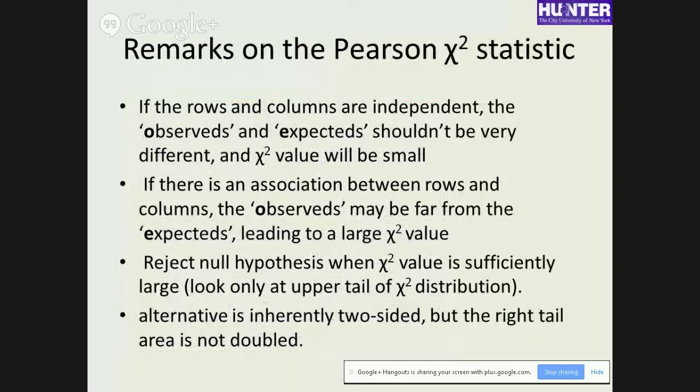So if our sample is consistent with the null hypothesis, we get a relatively small value of chi-squared, we will not reject the null hypothesis of independence. If there is an association between those variables in the rows and columns, then those differences between the observed and the expected counts get larger, chi-squared gets larger, and it becomes less and less probable that the value of chi-squared from our sample is from that null distribution.